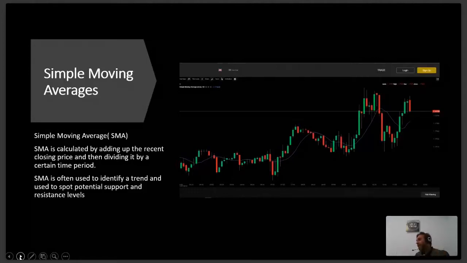So, say for example, they take the closing price of an asset and divide it over the last 10 trading sessions. Now, simple moving average is often used to try and identify a trend and at the same time used to spot potential support and resistance levels.